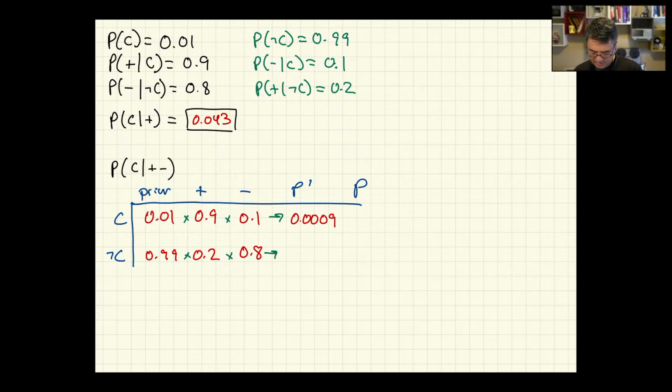And then on the bottom we have 0.99, 0.2, and 0.8. And we get 0.1584. And we're going to add those together.